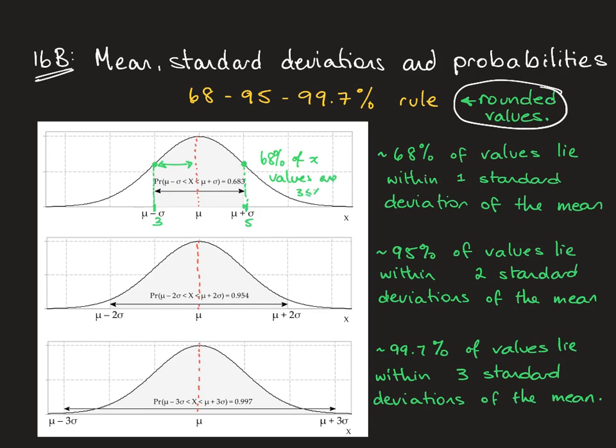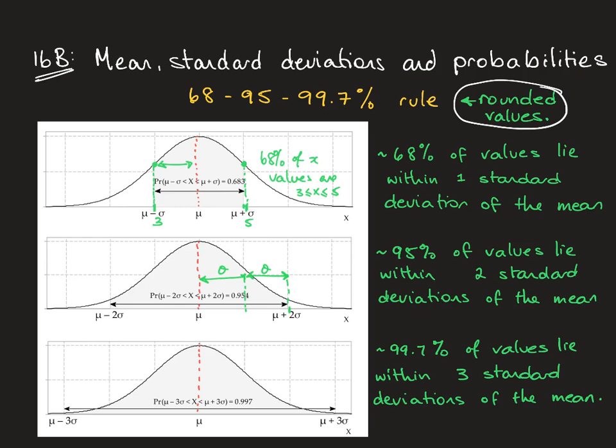between 3 and 5. If we go out from the mean 2 standard deviations, so one standard deviation out this way takes you to here, and then another standard deviation here, so that's a sigma and a sigma, what we get is the mean plus 2 standard deviations.